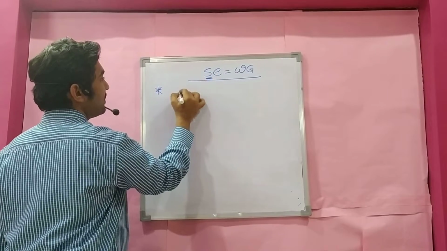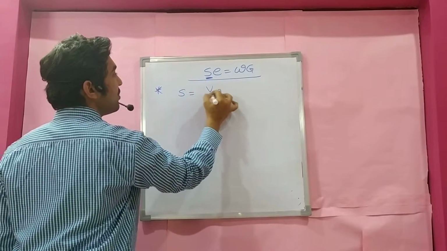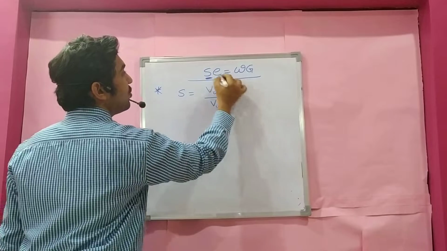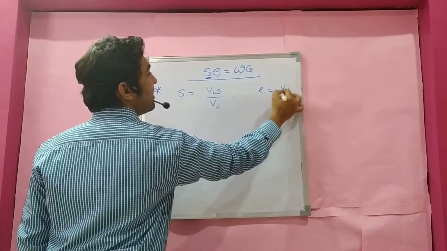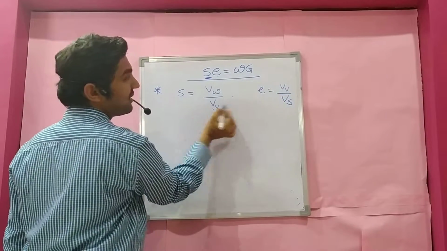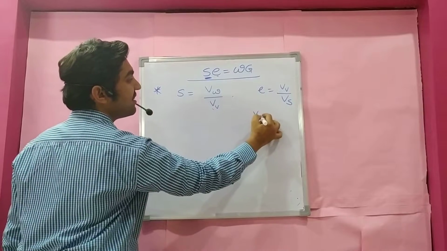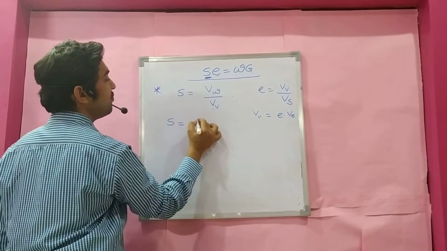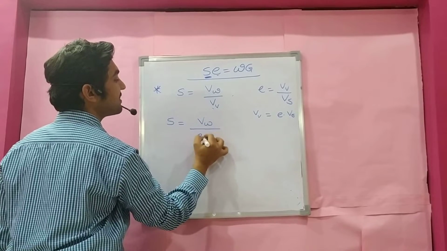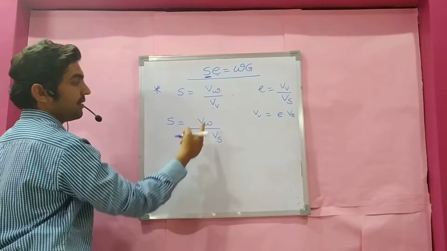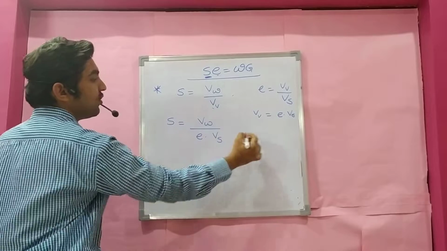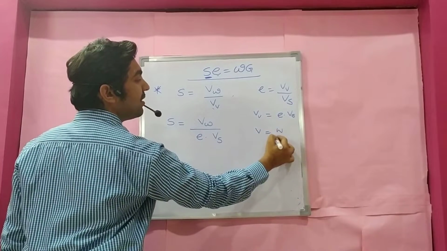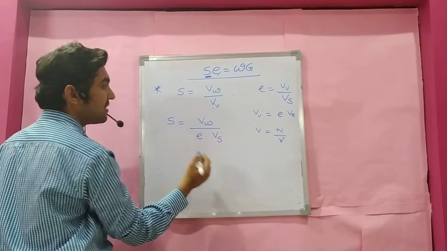So take the first variable, S. S is equal to Vw by Vv. We know that e is equal to Vv by Vs. So we can express Vv in terms of Vs as Vv is equal to e times Vs. S is equal to Vw by e times Vs. We know that V is W by gamma from the earlier lectures.